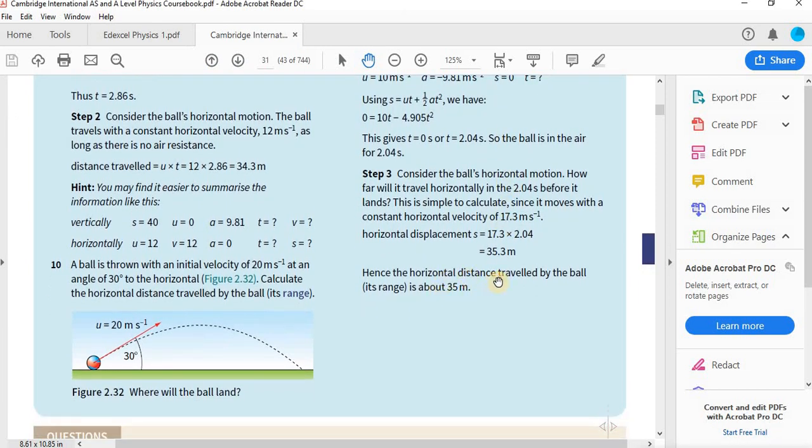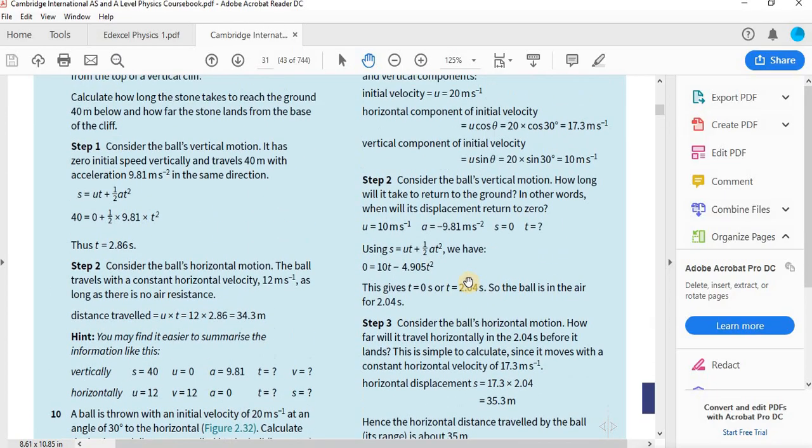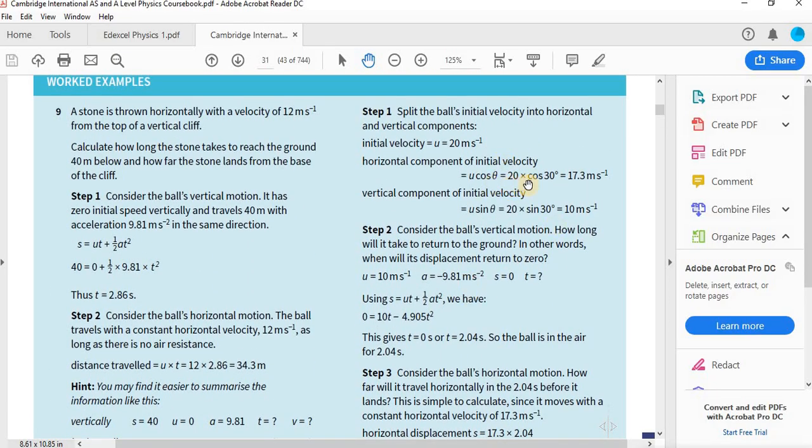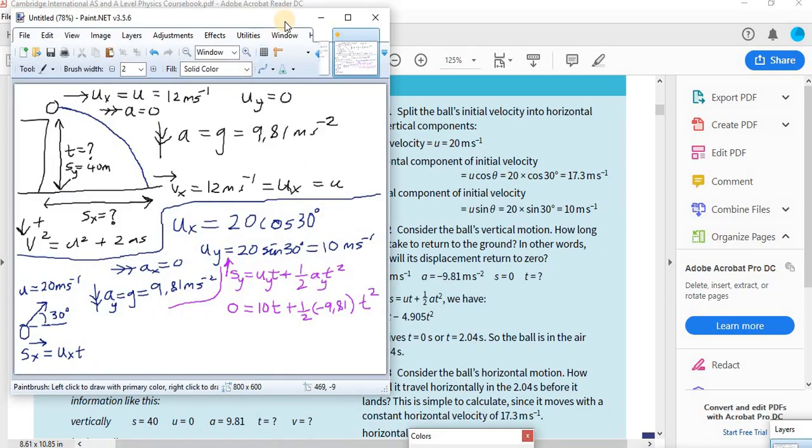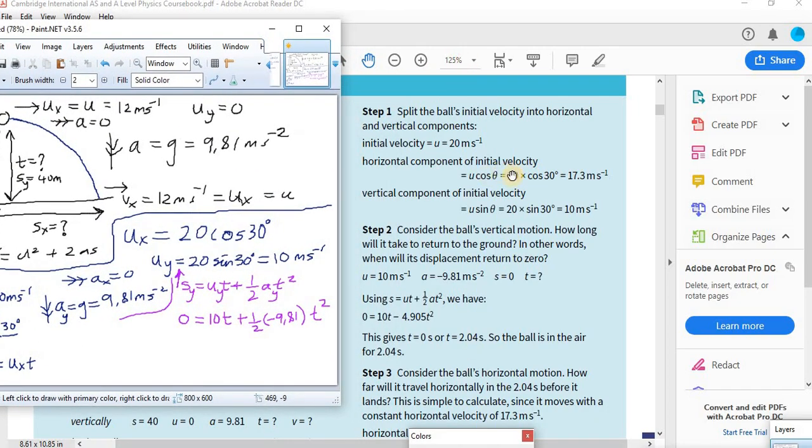Okay, so hence the horizontal distance traveled by the ball, which is called its range, is about 35 meters. Here they find the horizontal component of velocity, 20 cosine 30. Horizontal component of initial velocity, 20 cosine 30, which is 17.3. Okay, this value is 17.3.